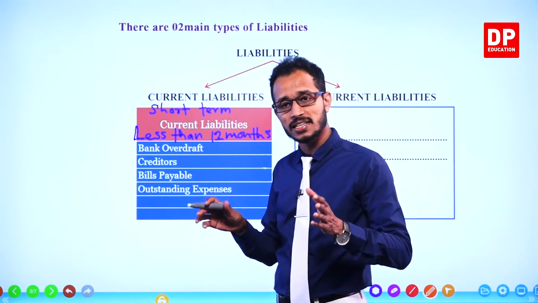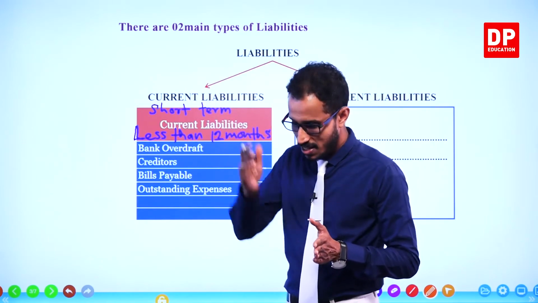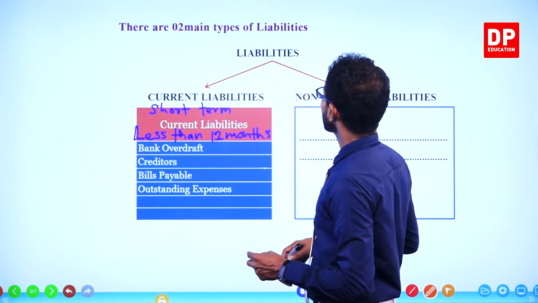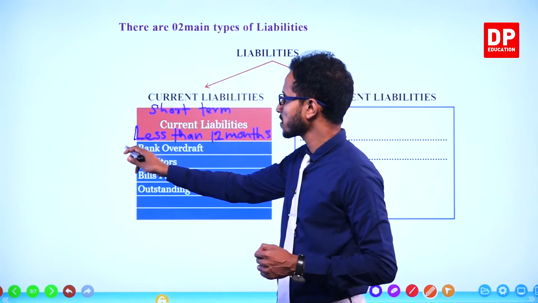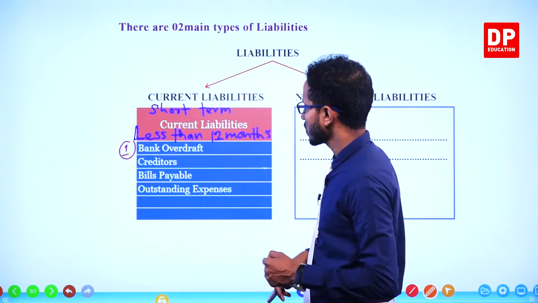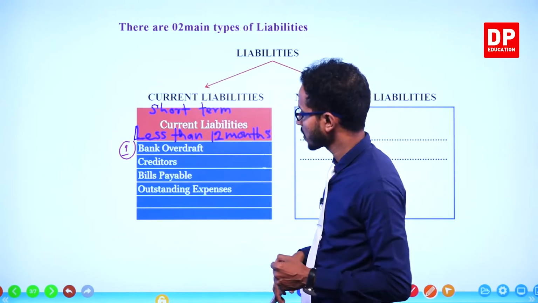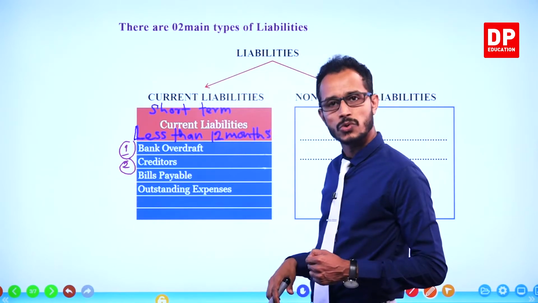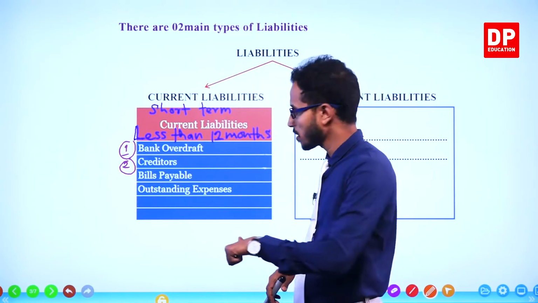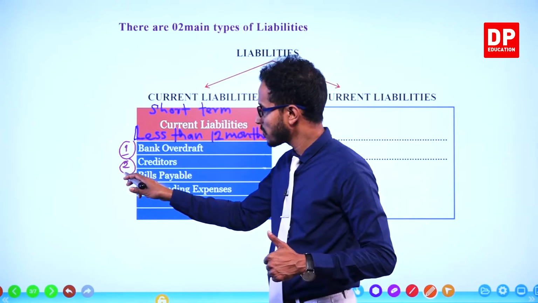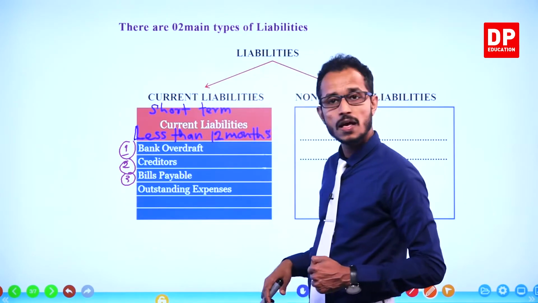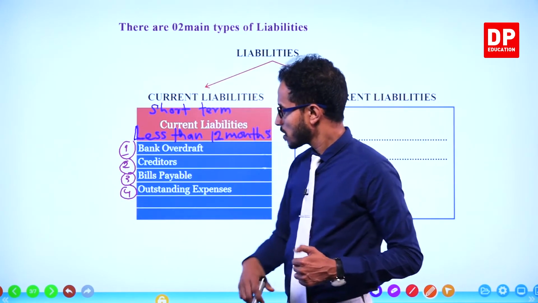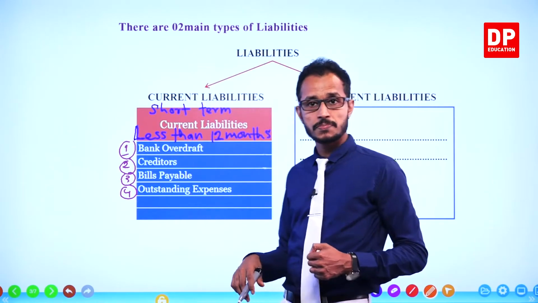We have time to settle these liabilities in less than 12 months, not more than that. So the first current liability is bank overdraft. Second, we have creditors. Third, we have bills payable. And fourth, we have outstanding expenses.